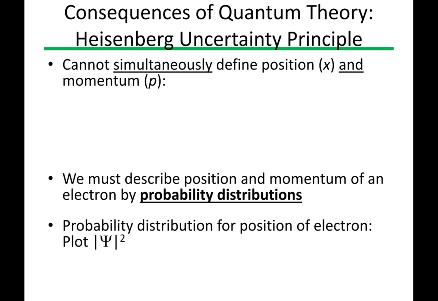To formalize this, the position we define as x, and its momentum with p; we cannot measure them simultaneously for an electron. The equation is given by delta x, the error in the position, so how certain we know its position, times delta p, how certain we know its momentum, has to be greater than or equal to Planck's constant divided by 4 pi.